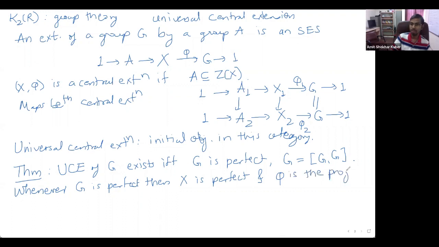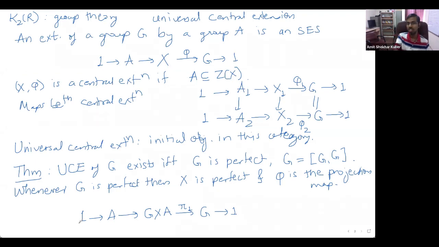Basically, I'm telling you that you will have some A, then you will have G cross A, and then you will have G. And this will be the first projection map.